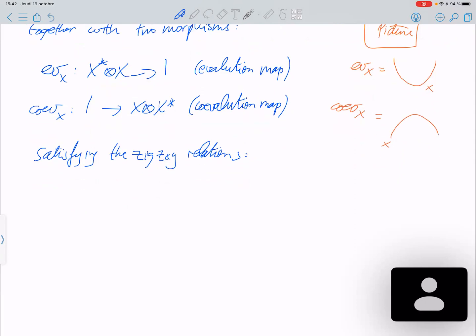The identity of X is the co-evaluation, evaluation, identity composite from X to X; this is nothing but the identity.